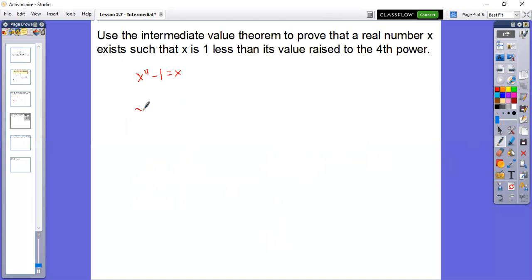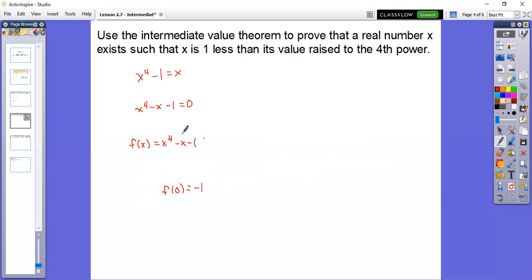So it would work if I proved that x to the 4th minus x minus 1 is equal to 0. So what I'm going to do is I'm going to take f of x and I'm going to let f of x be x to the 4th minus x minus 1. So what I notice about this is that f of 0 is equal to negative 1.